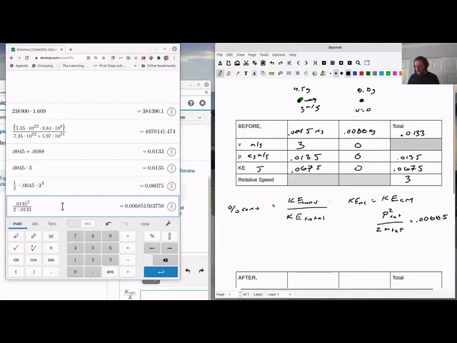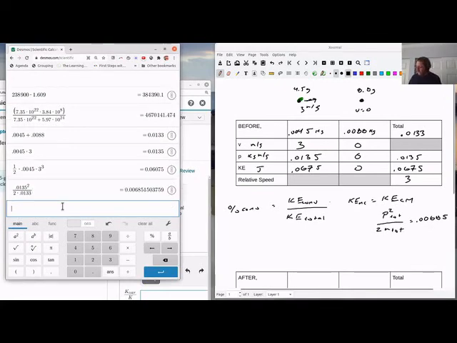Let's see. We've got 0.0675 minus 0.00685. That's the amount that can be converted. So we've got 0.06065 is the convertible divided by the 0.0675.